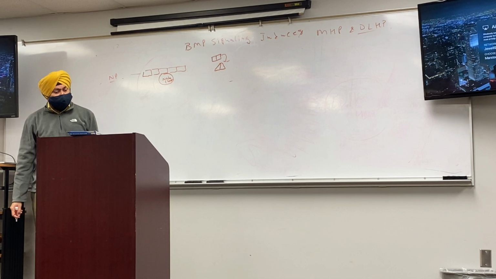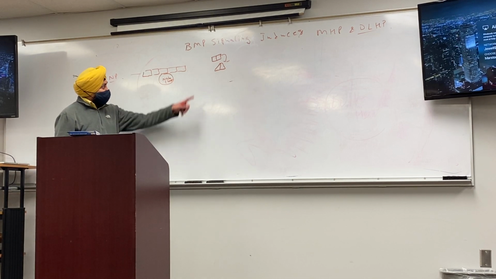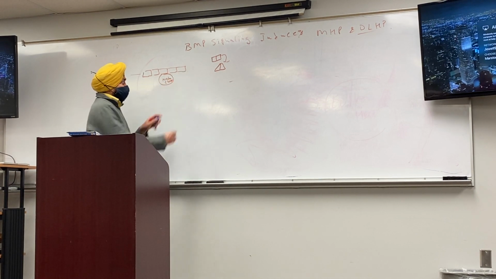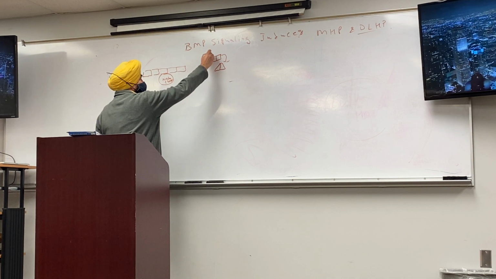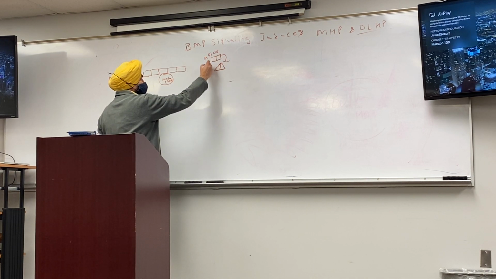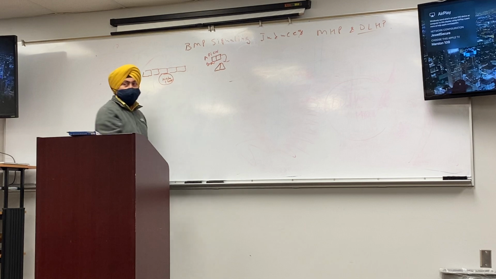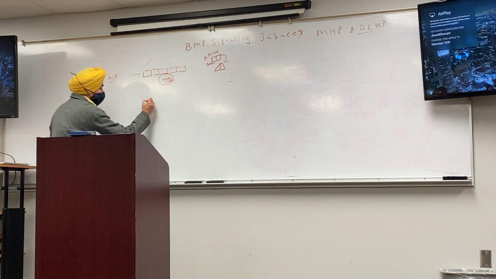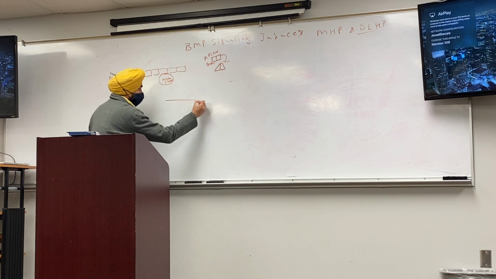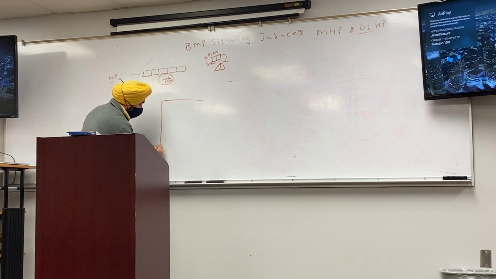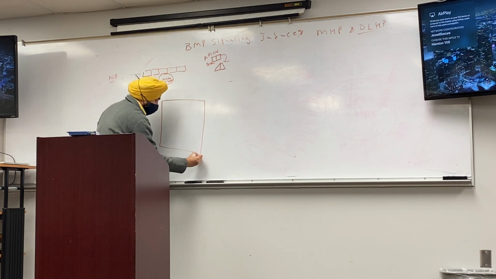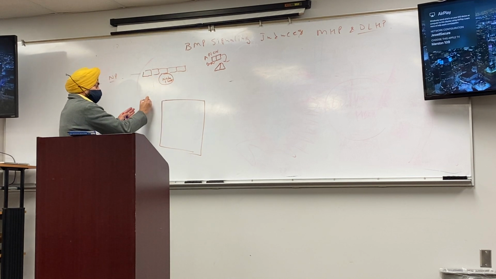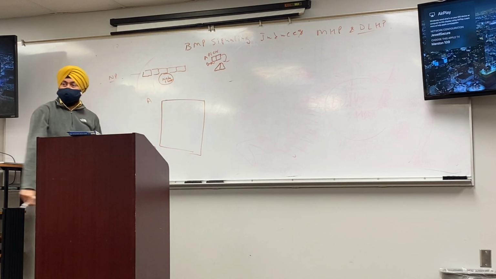If you look here at what is happening, this is the apical surface, and this is the basal surface. If I draw it bigger, this is the apical surface and this is the basal surface.